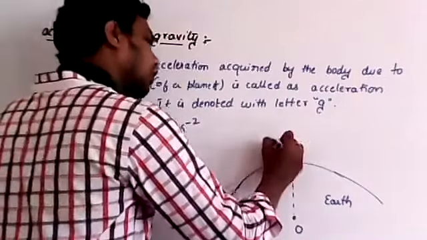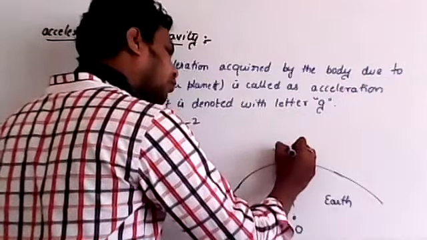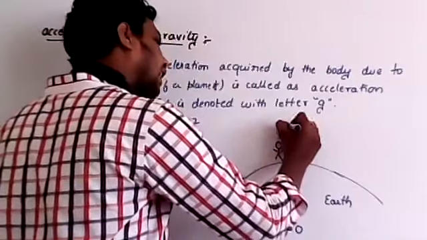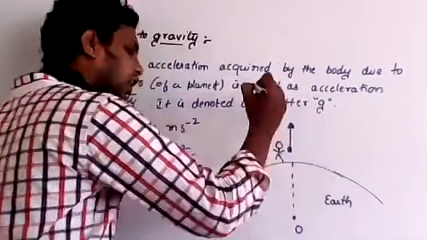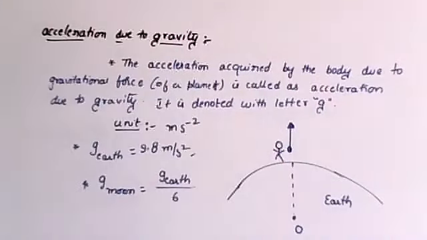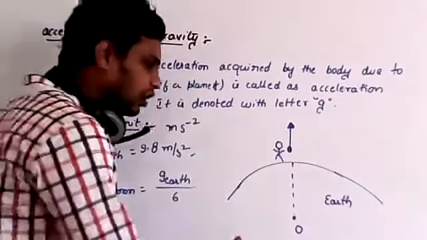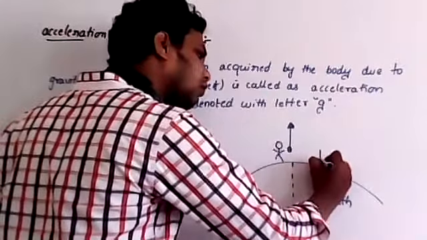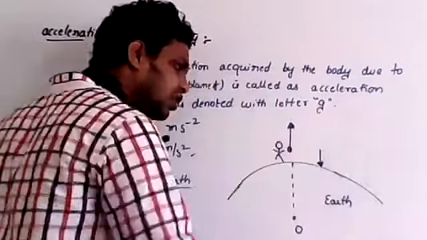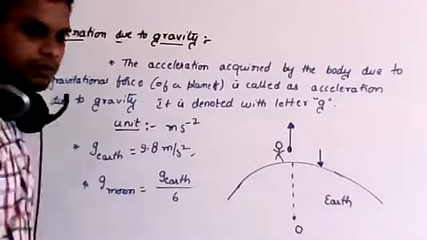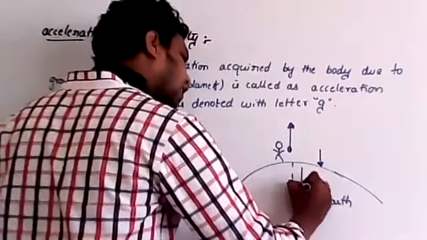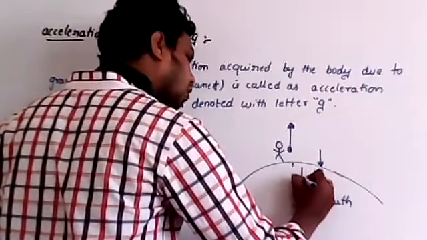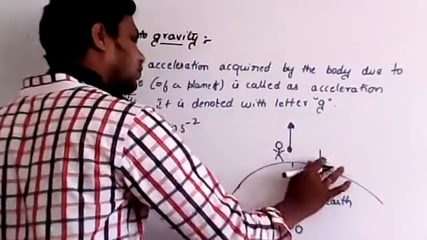Now if you throw any body vertically upwards, remember, acceleration due to gravity is always in the downward direction, that is towards the center.